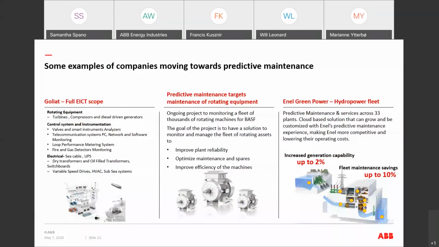And therefore, they've managed to achieve, with ABB in partnership, a wide range of condition monitoring scope. They're covering rotating equipment, control instrumentation, and a huge range of electrical equipment, all the way down into the subsea system as well. So it's a bit different from having to retrofit coverage across that broad range of equipment. Really, getting that into the design is really important.